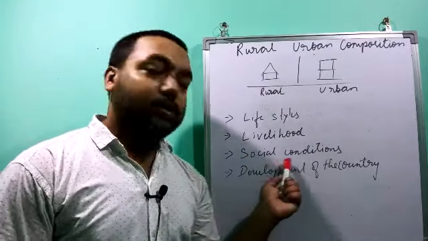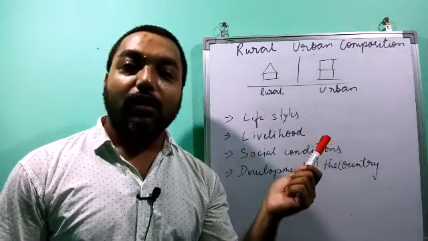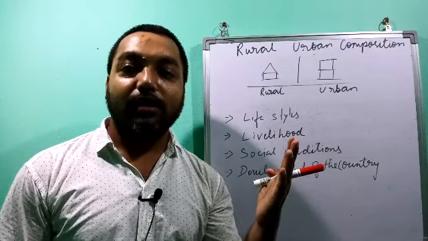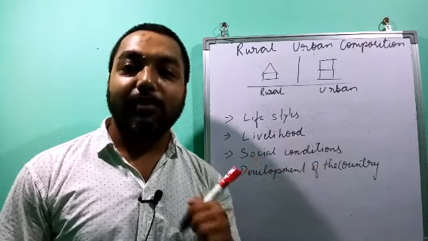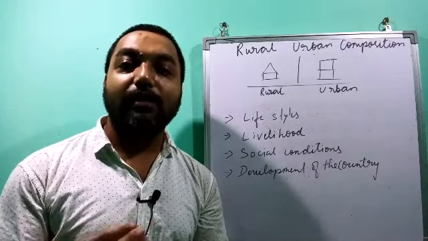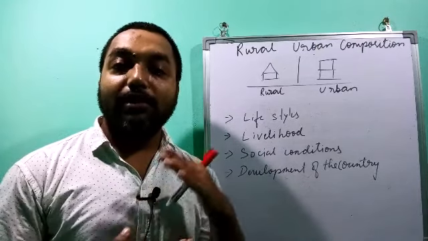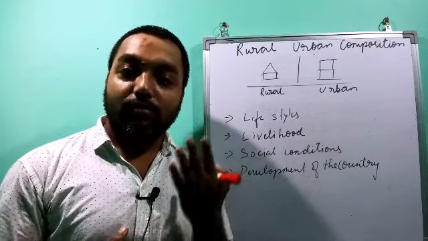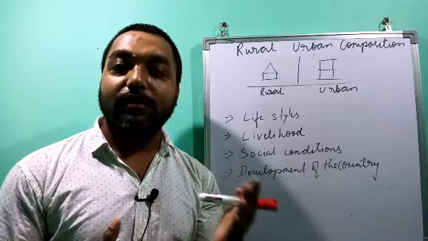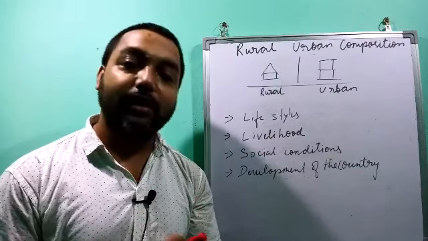Then social condition, their social conditions are also different. If you see the thinking style of people living in rural and urban area, both will be different. If you practically examine all these things, then you will find this. Then their food habit, dress pattern, and their ways of tradition like marriage, birth, death, all these are different in both rural and urban area.